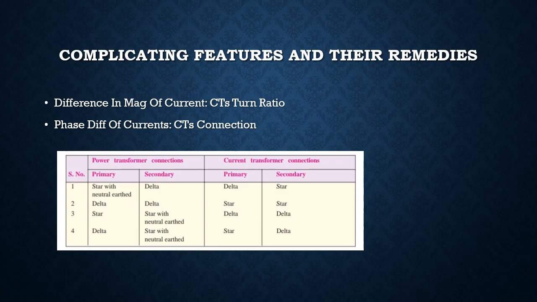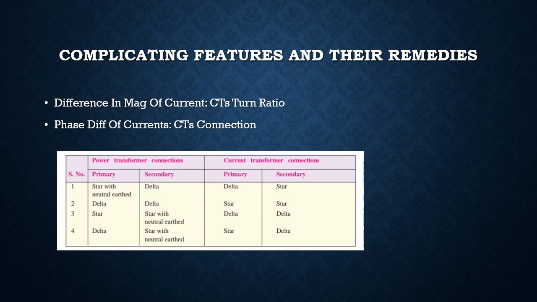Operation of the relay during normal or healthy conditions is not desirable. But what is the reason for the 3 amperes differential current in the relay? It is due to the difference in magnitude of primary and secondary currents.